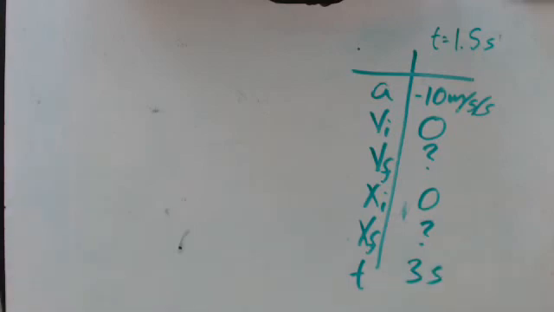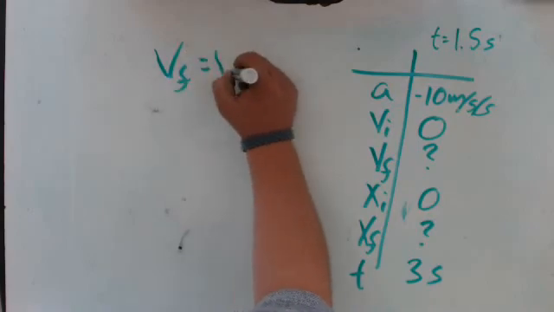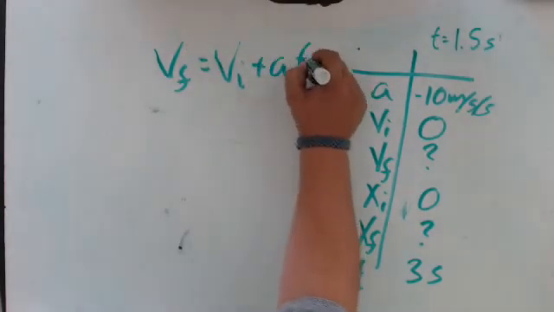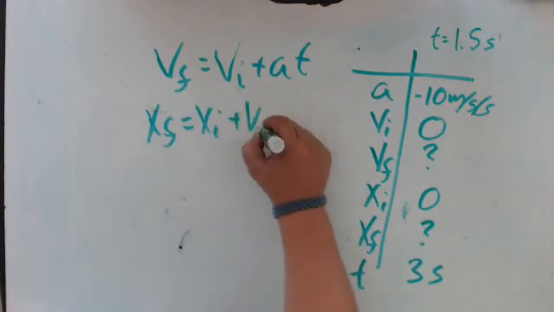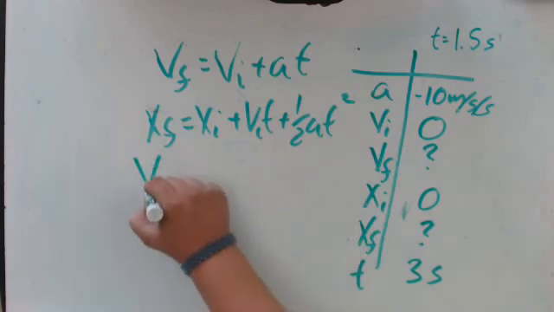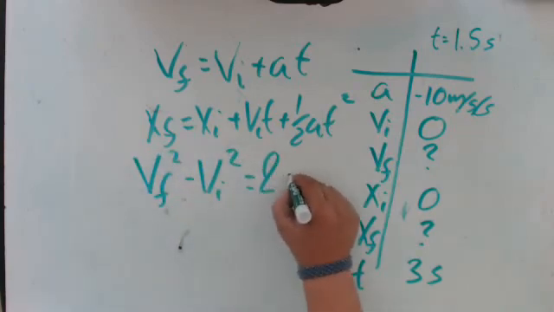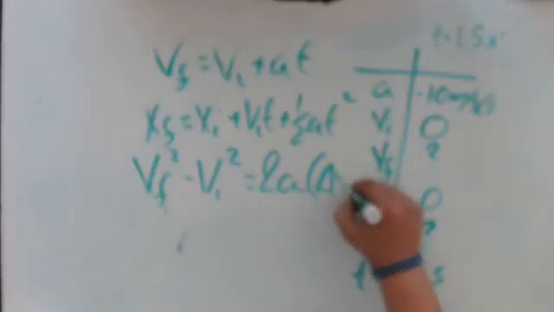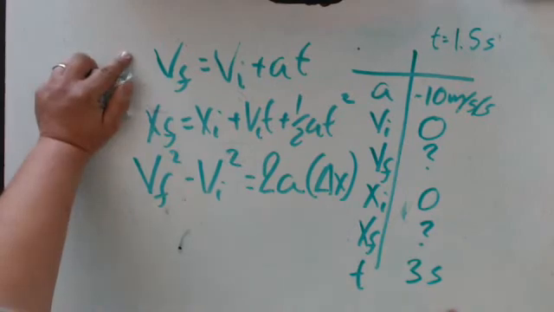Going back, looking at my equations: v final is equal to v initial plus at. x final is equal to x initial plus v initial t plus 1/2 at squared. And v final squared minus v initial squared is equal to 2 times my acceleration times my change in position. Let's look at the first one.